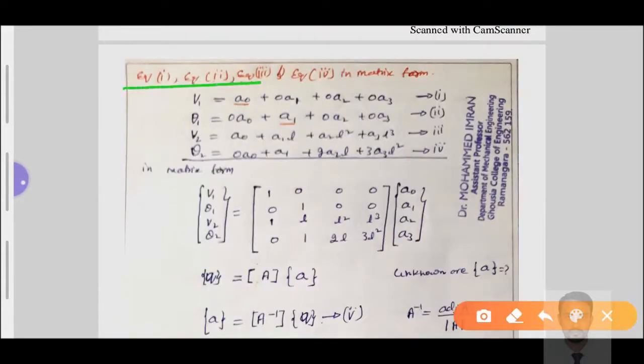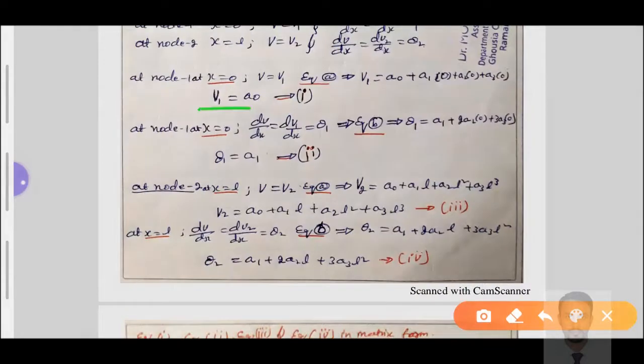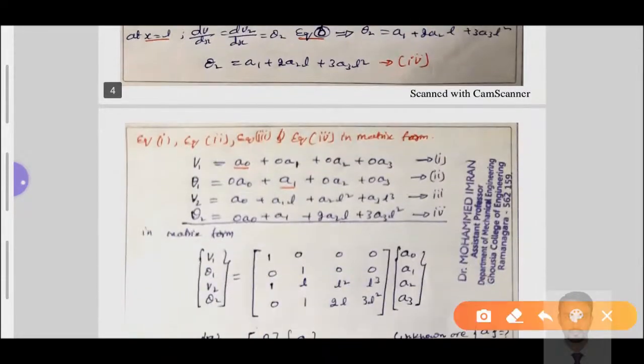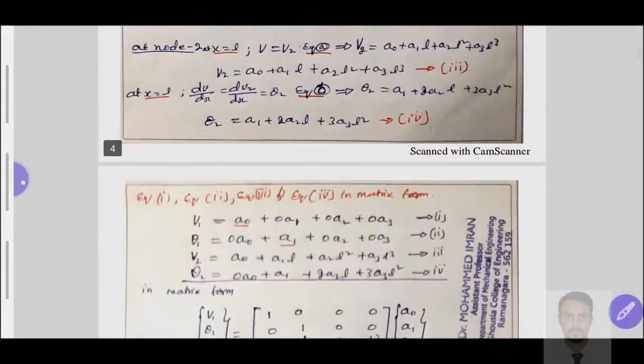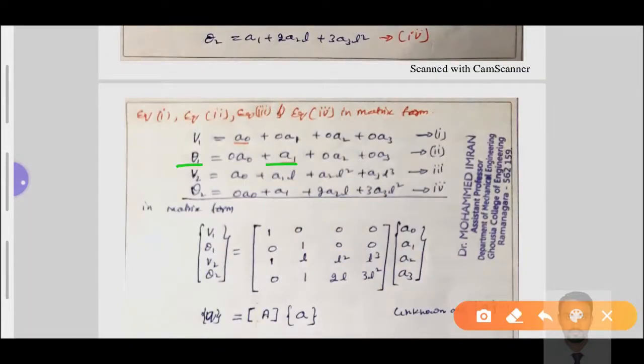Rearrange all the equations here. v1 equals a0. I have simplified this so that all the values are directly in terms of a0. Similarly, theta 1 equals a1, and the other coefficients are 0.